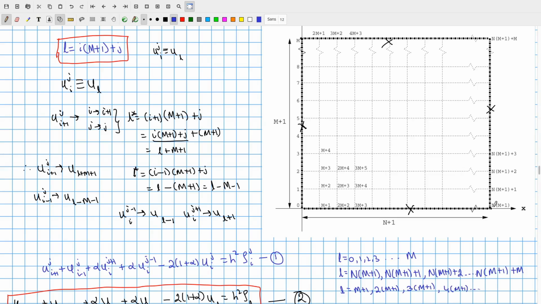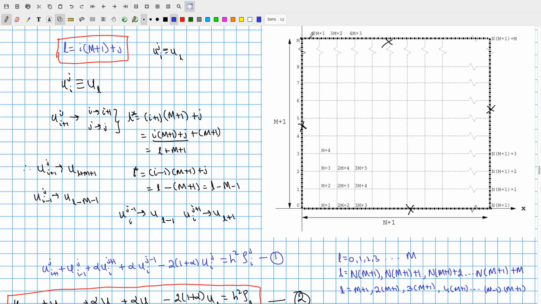The final term will be n times m plus 1. But we shouldn't take this point, we should take one point before, because n times m plus 1 is already taken here and would be double counted. So the previous point will be n minus 1 times m plus 1. This is how the third boundary condition goes.